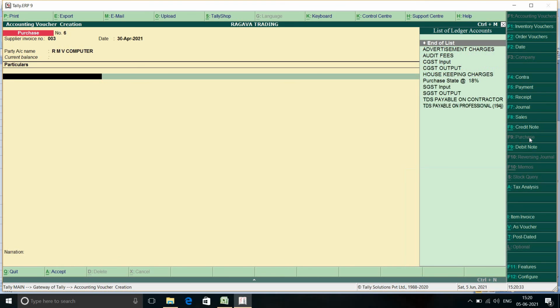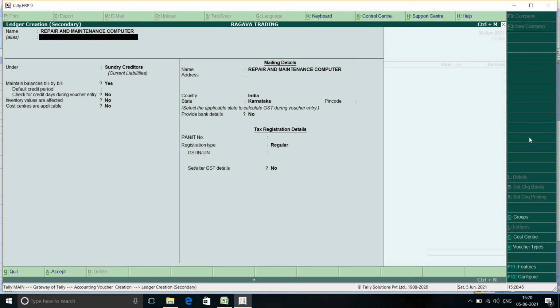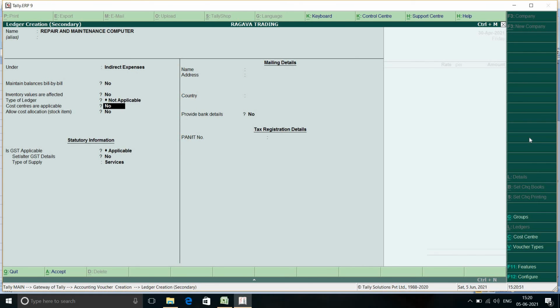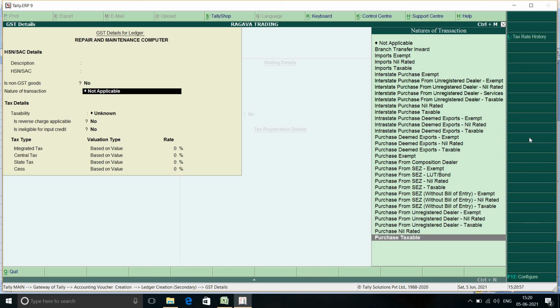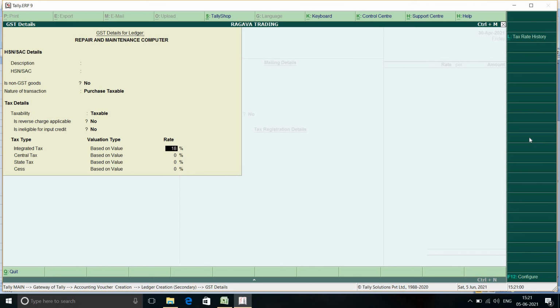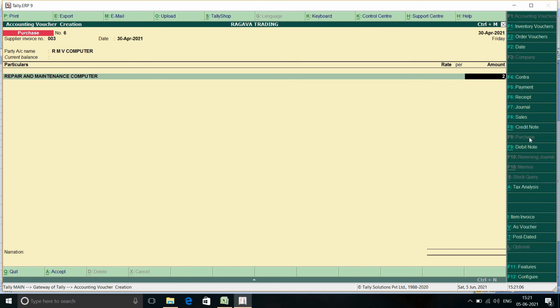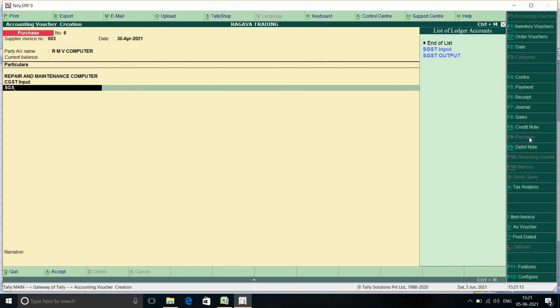Repair and maintenance computer, under indirect expenses. 35,000, CGST SGST input.